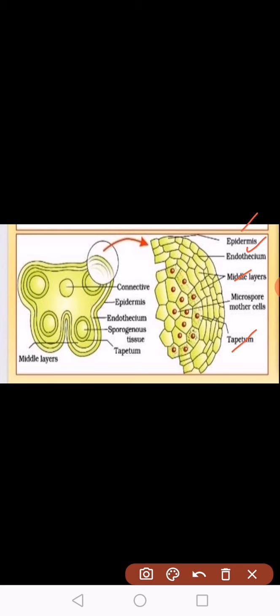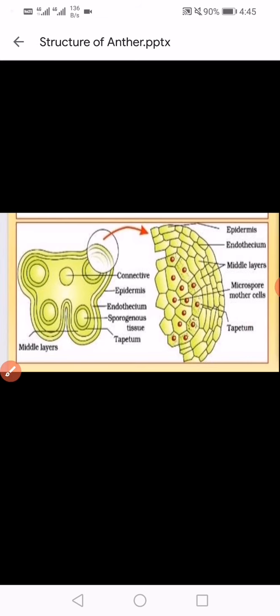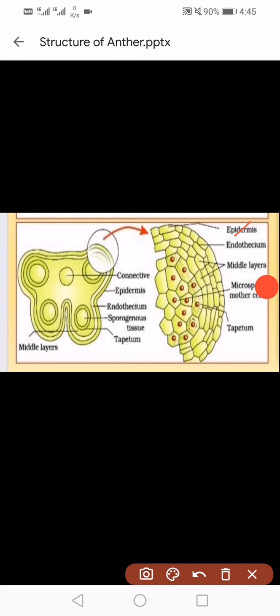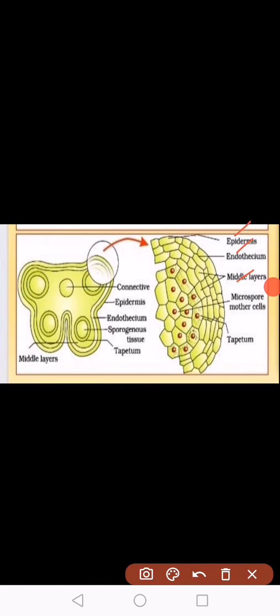Of these four wall layers, the first three, epidermis, endothecium and middle layers, help in protection and dehiscence, whereas the fourth innermost layer, the tapetum, gives nourishment to the developing pollen grains.